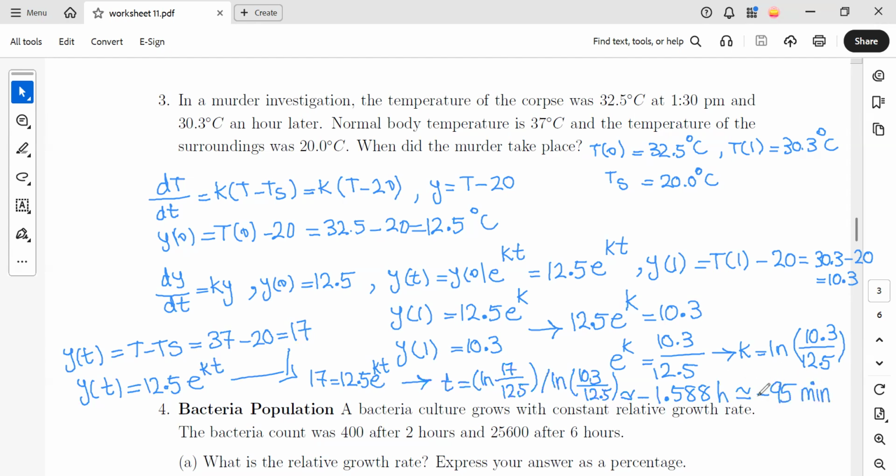So the negative here means before the first temperature that we have, before the first time that we have. So it was 1:30, and then 95 minutes before 1:30 would be 11:55 a.m.